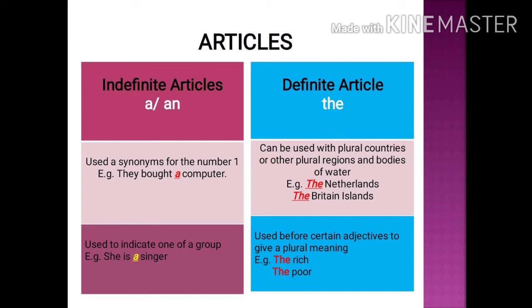Now let's learn the next difference between indefinite articles and definite article. Indefinite articles are used in front of a singular noun in a group. See, she is a singer. When I say she is a singer, there are many singers. She is also one among them.